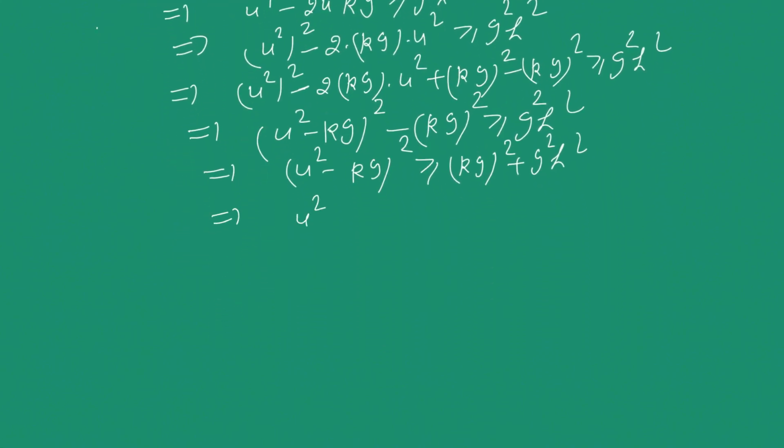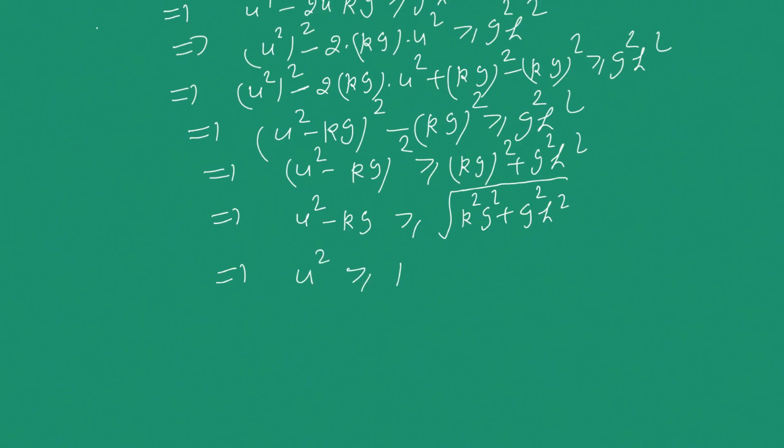This further implies that, taking the square root on both sides, u square minus kg is greater than or equal to the square root of k square g square plus g square h square. So u square is greater than or equal to kg plus the square root of k square g square plus g square h square.